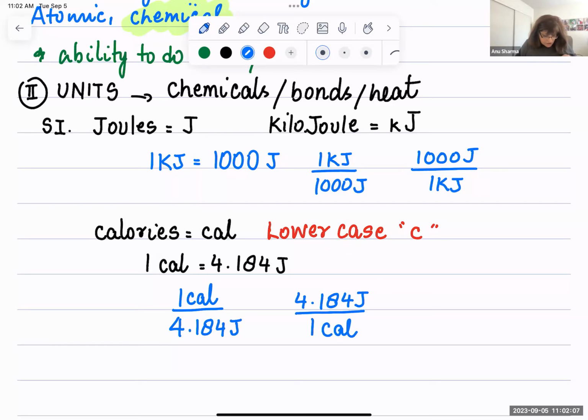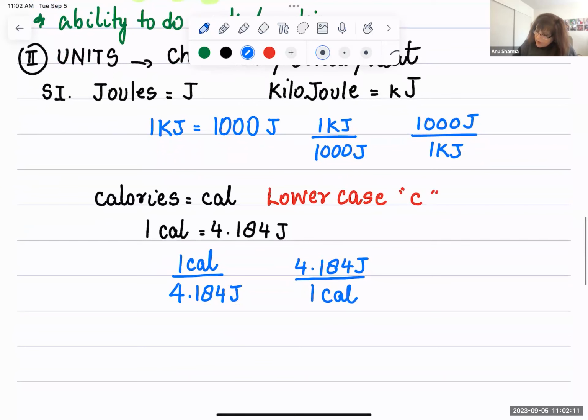Next, calories and kilocalories are also related. What is that relationship? 1 kilocalorie is equal to 1,000 small calories.